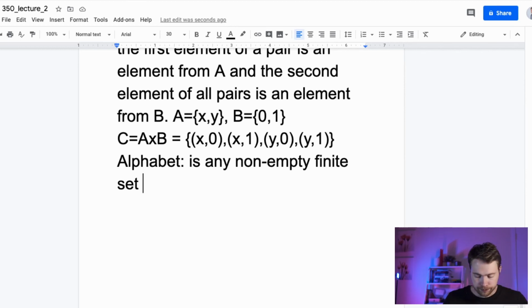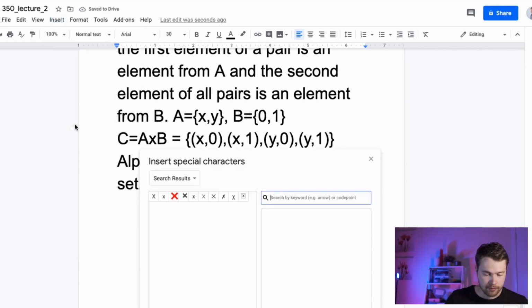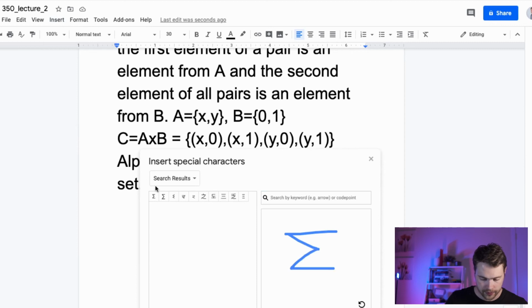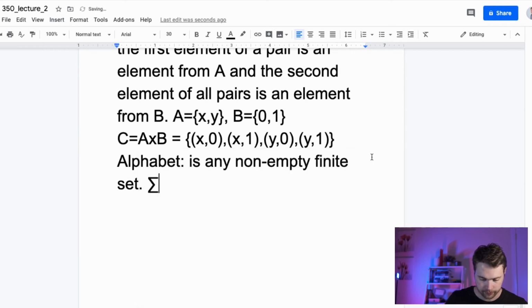Usually we denote an alphabet as sigma. And again, since it is a set, we use curly braces, and for example, we can say 0, 1.